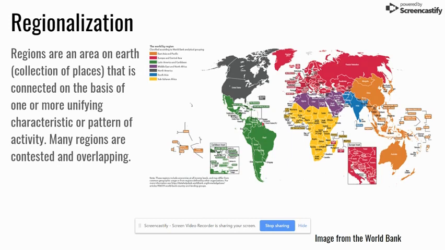And I'm going to show you that right here on this map that I have over to the right. In addition to that, many of our regions overlap, and that's very essential to recognize. Over here, we have a map of the world as divided by regions by the World Bank. So the World Bank has looked at the world and decided to divide it into these chunks.